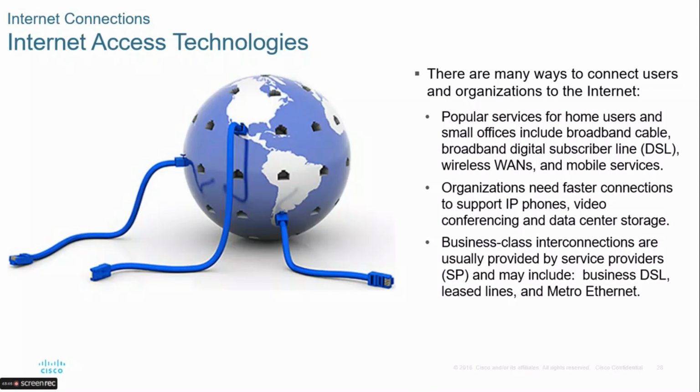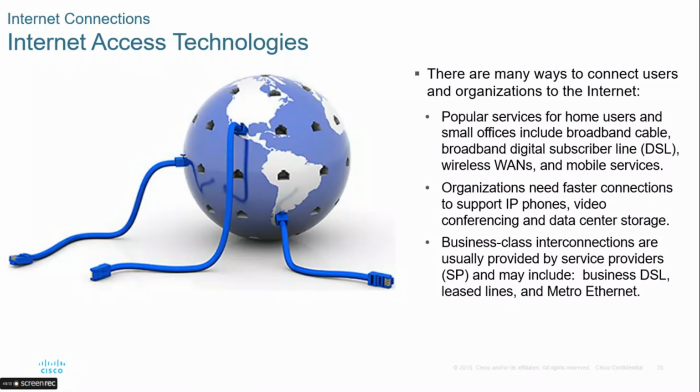Organizations need faster connections to support IP phones, video conferencing, and data center storage. So these two kinds of resources need to always use what we call quality of service, whereby speed is given priority or data is given priority.